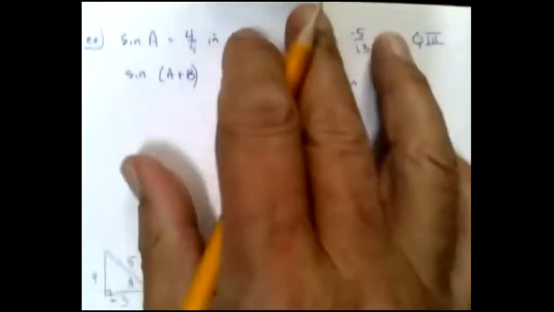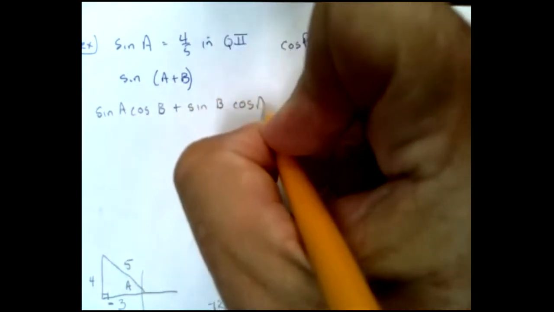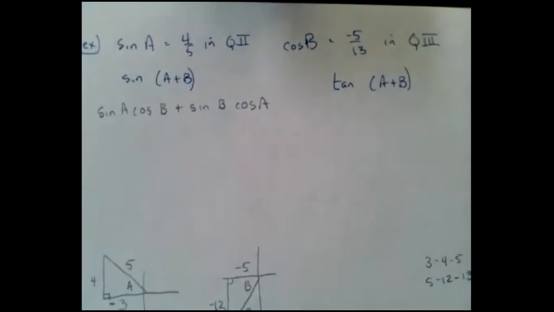This becomes sine of the first, cosine of the second, plus sine of the second, cosine of the first. Sine of A, 4/5. Cosine of B, -5 over 13.